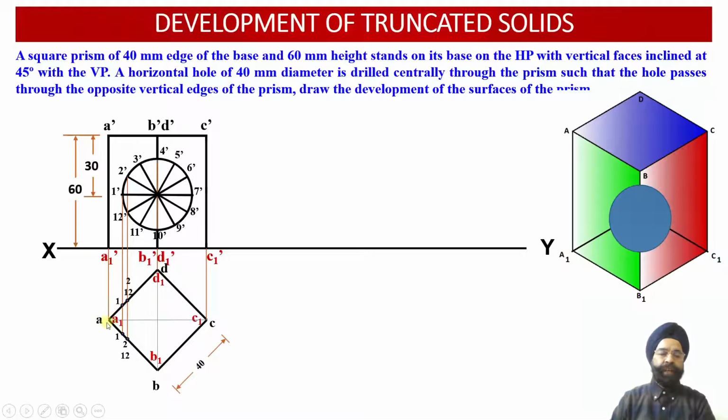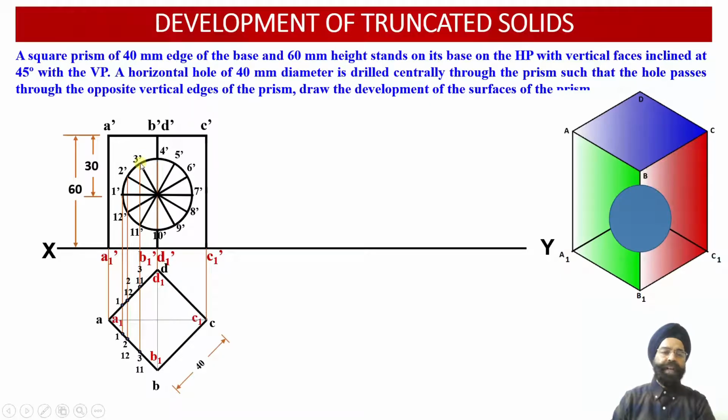Similarly, onto this face AA1 and BB1, at a distance of A to 12, we are going to evaluate this distance alongside the dimension AB. So these 2 points of intersection will be available over here.